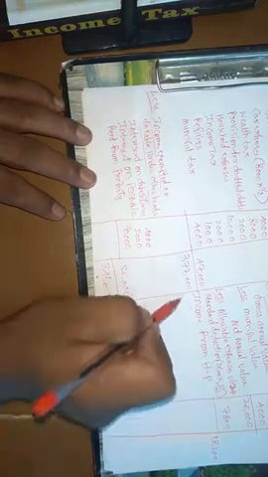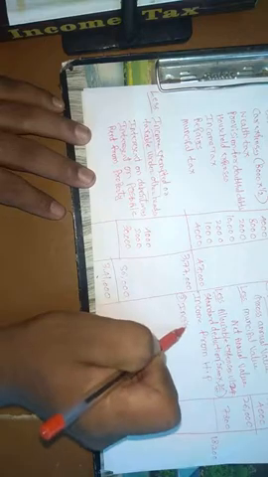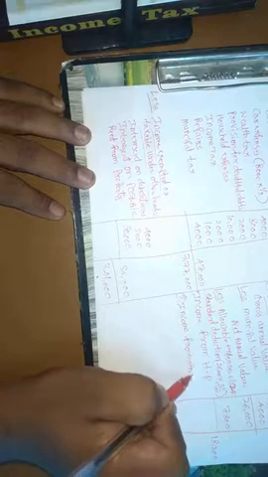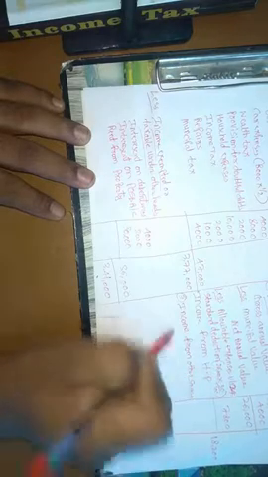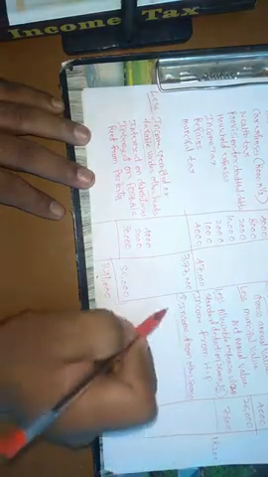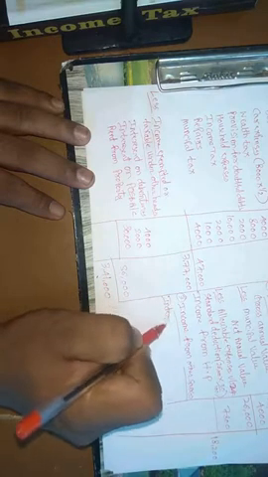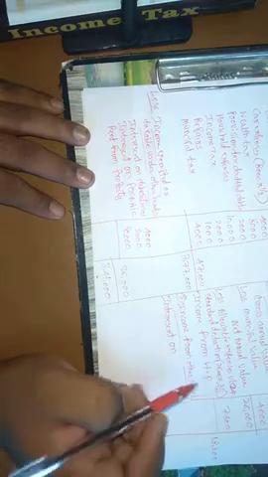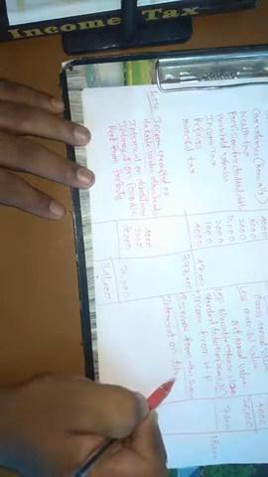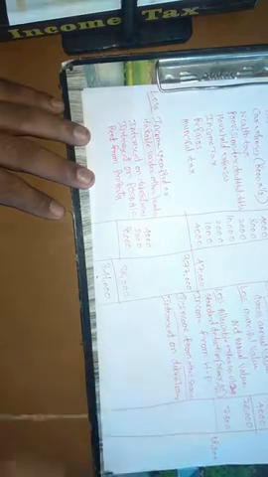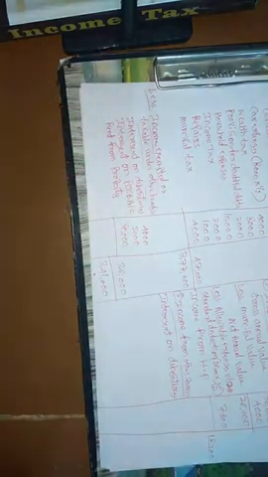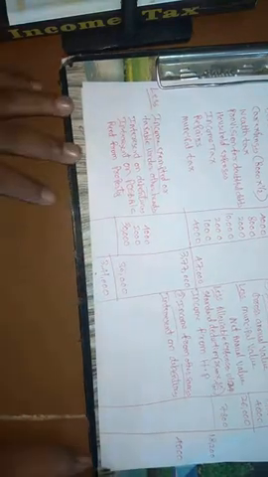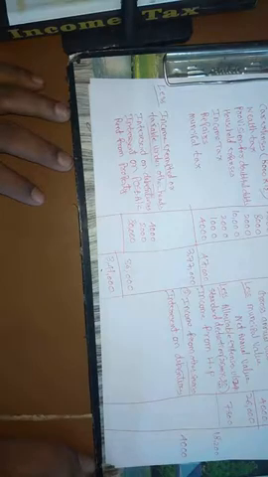Now the third head is income from other sources. There is only one income in this, that is interest on debentures. The interest on debentures given in the problem is 4,000. Directly we can write this because only one income is there.